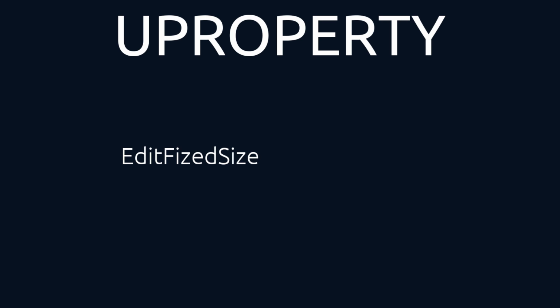Now, what would be the use case for this specifier? For example, in some games, you know how characters can equip different stuff like weapons, armor, or accessories, right? Well, now imagine you're creating a game like that.